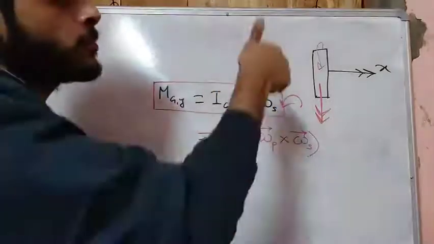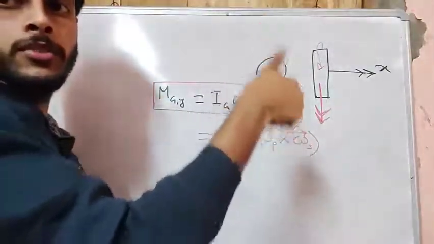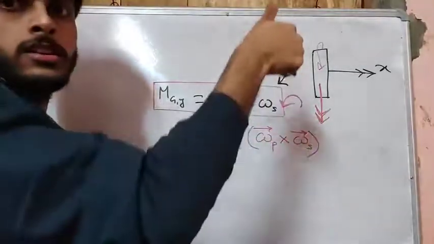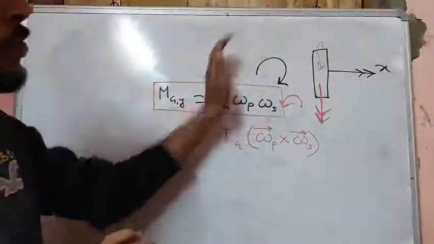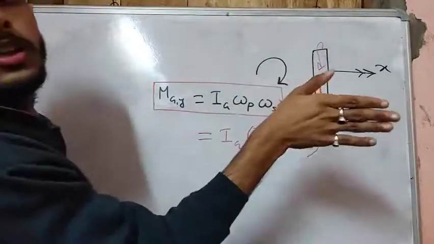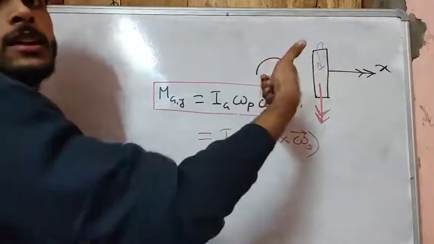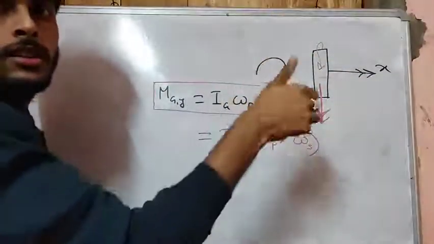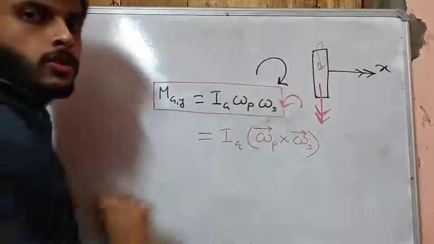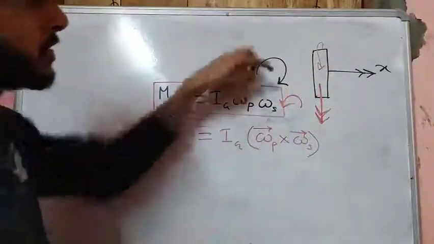This implies that if we apply a clockwise moment, the spinning disc will turn like this, along the direction of omega p. This is for clockwise moment.